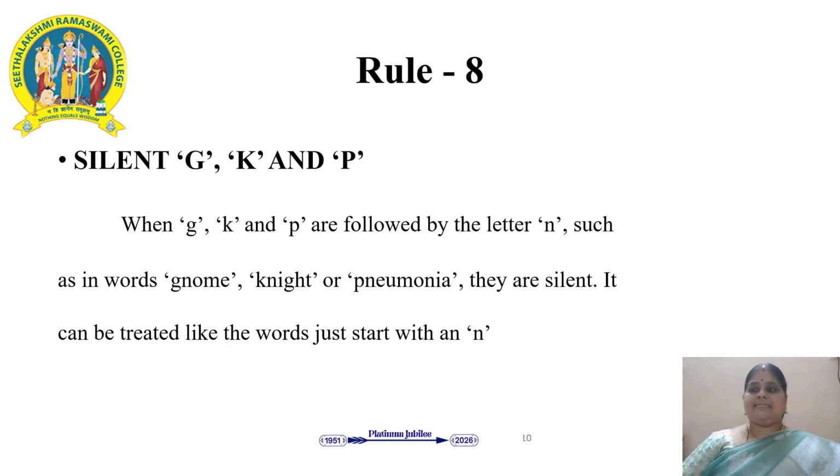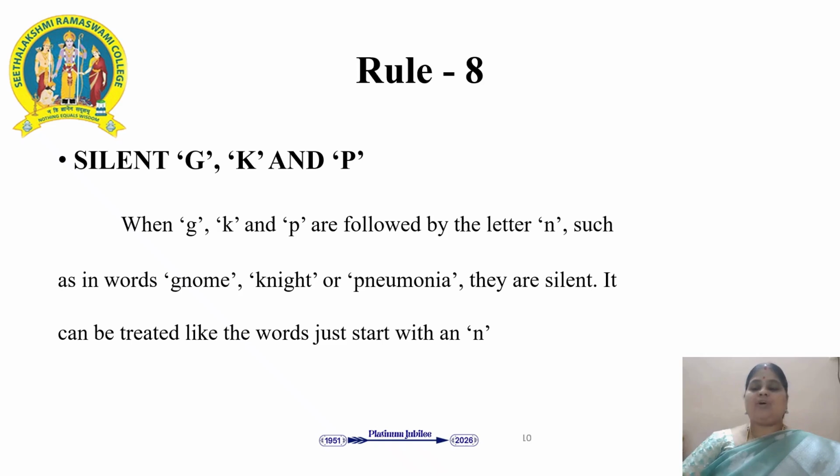Rule number 8, silent G, K and P. This is a rule pertaining to words starting with letters G, K and P. When these letters are followed by the letter N in a word, it can be treated like the words just starting with an N, which means the first letters can be ignored.